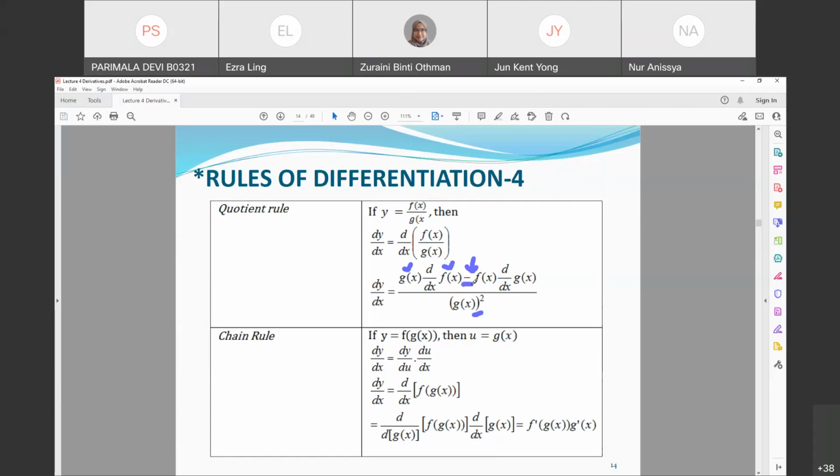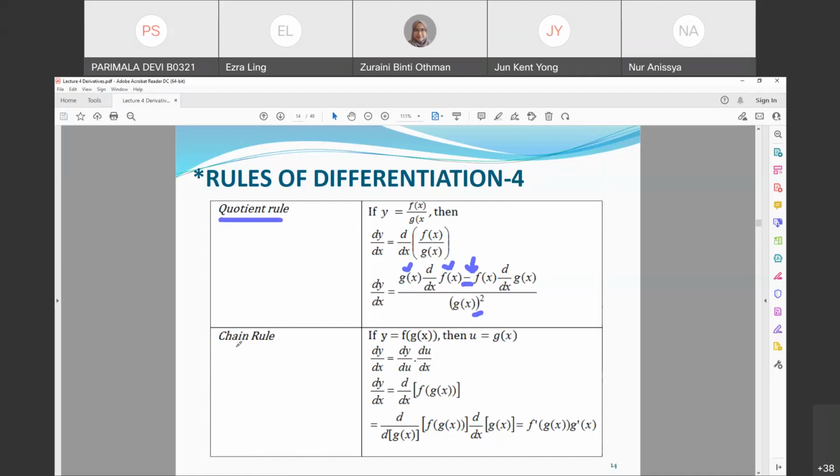Because of it is minus, it is not plus, we have to be more careful on this. Which is we have to put G first, we differentiate F, and we put F, we differentiate G. We minus it. Then the denominator Gx become Gx power 2. Okay, this is the quotient rule.